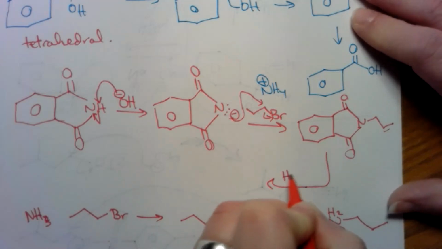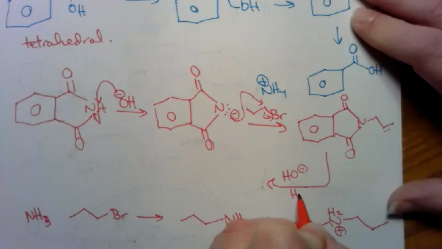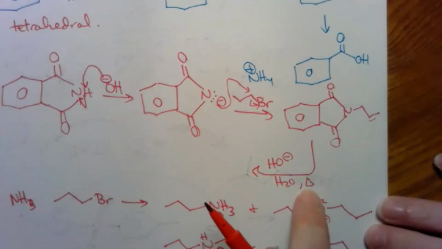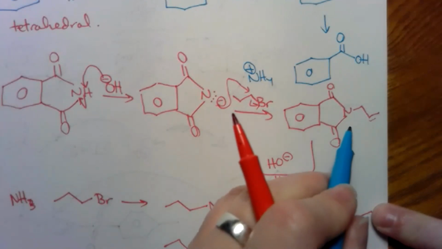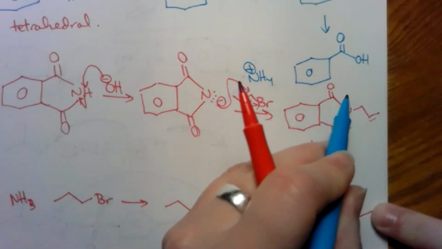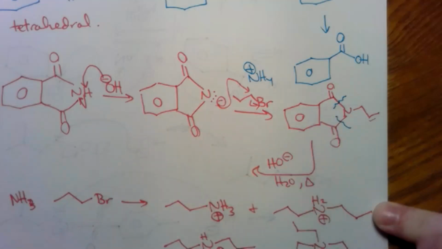We're going to do hydrolysis, but we're going to do hydrolysis like this. Hydroxide, water, heat, hydrolysis. What's going to happen with hydroxide, water, heat? It's going to chop that bond and that bond to make this.